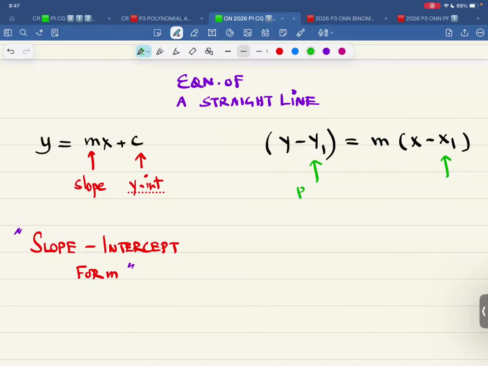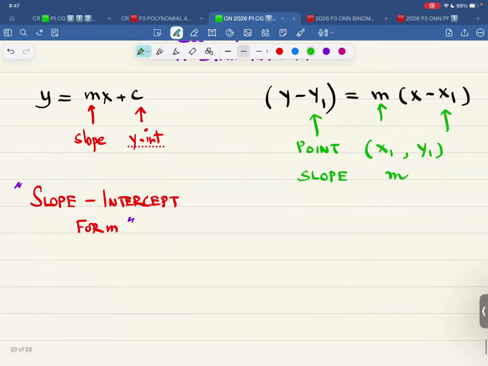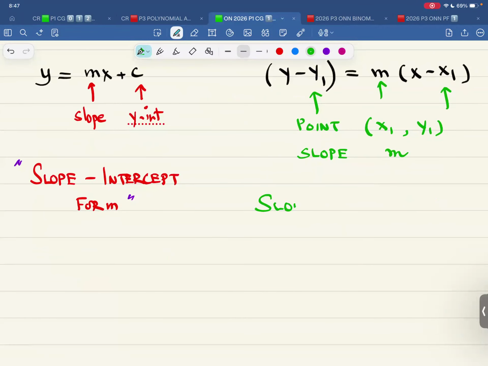So there is a point, and that point is x1 comma y1. There is the slope, so the slope is there. So therefore, this is known as slope point form or format. These are the two different formats.